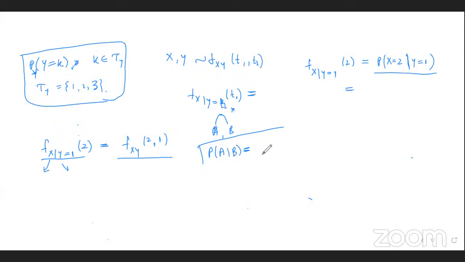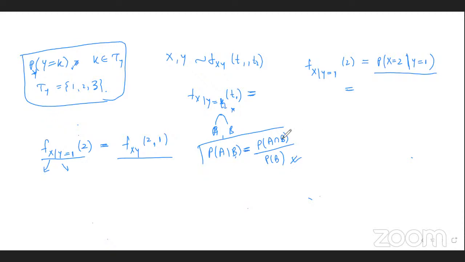Probability of A intersection B divided by probability of B. The event that has occurred, the event that you have observed, that goes in the denominator.